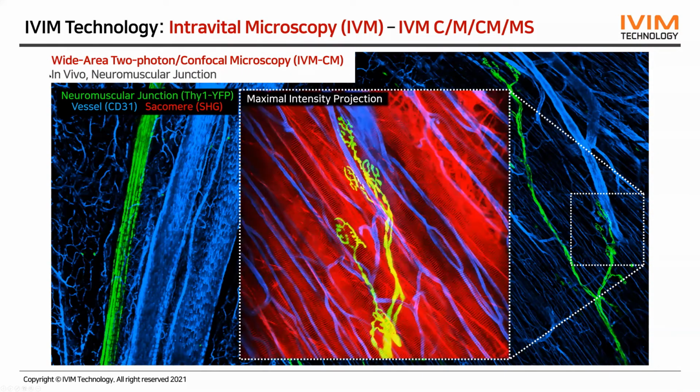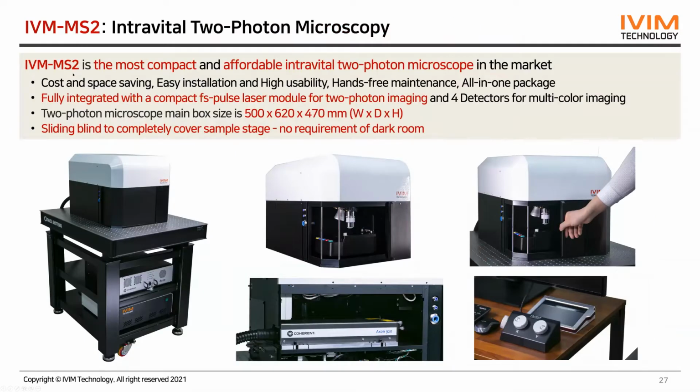The IVIM MS2 is actually the most compact and affordable intravital two-photon microscopy system on the market. It fully integrates a highly compact femtosecond pulse laser module for two-photon imaging. Here, we have this femtosecond laser module inside for two-photon imaging.